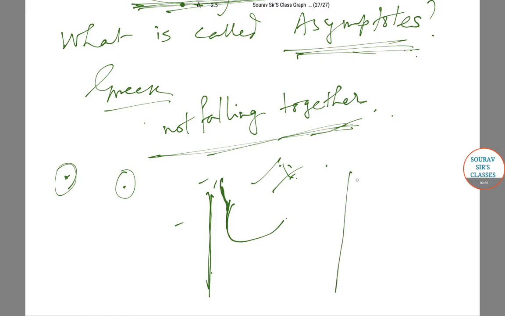Let this be the straight line, and this the curve, and they are going nearer to each other, but they will not touch each other at any time. When x tends to infinity, the distance between them goes to 0, but never becomes 0.